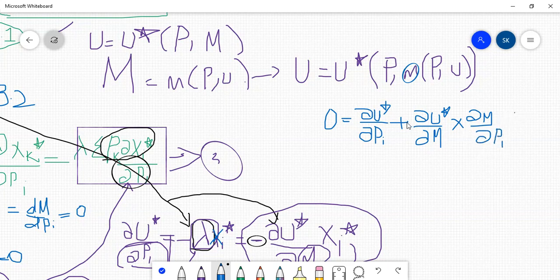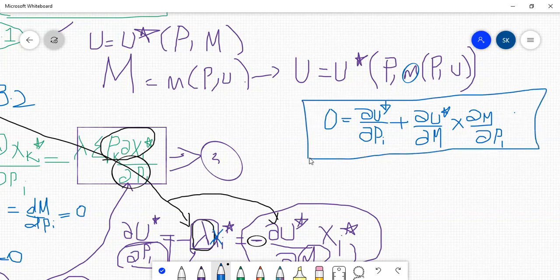It gives Roy's identity by using Shephard's lemma. This is a very important equation.